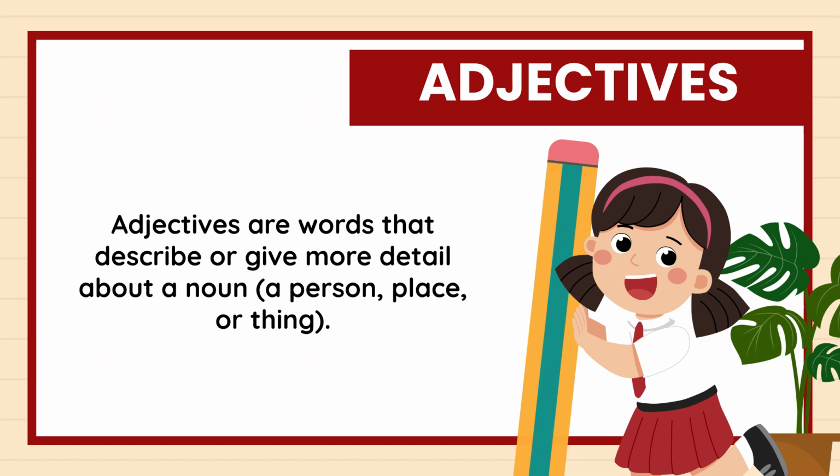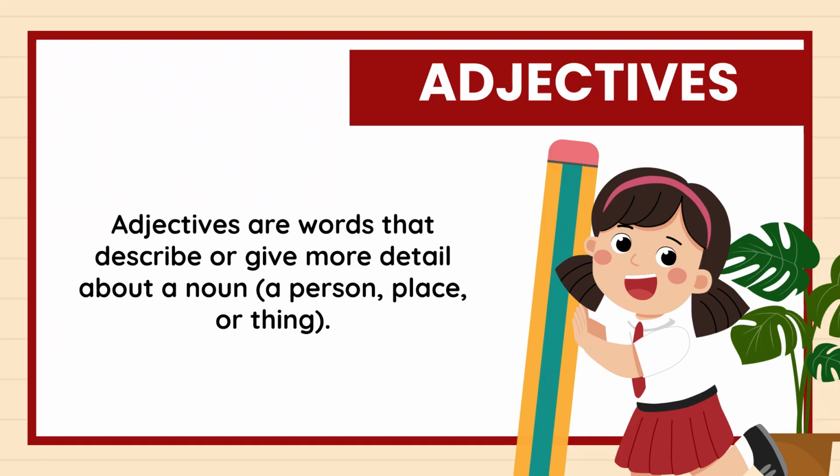For example, if I say the ball, that's just a noun. But if I say the red ball, we now know what kind of ball. It is color red. The word red is our adjective. Let's repeat together.